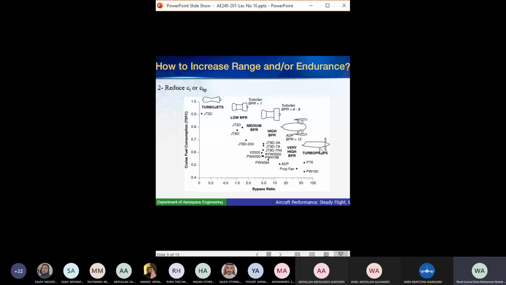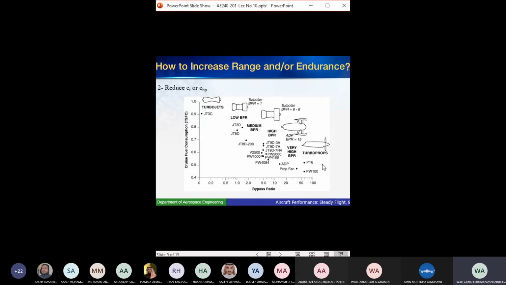The second thing is to pick the engine with the lowest CT or C, depending on whether it's propeller or jet. C when it's propeller, CT when it's jet. So you just have to have a feeling of the range of this specific fuel consumption, because you will have to pick a type of engine.